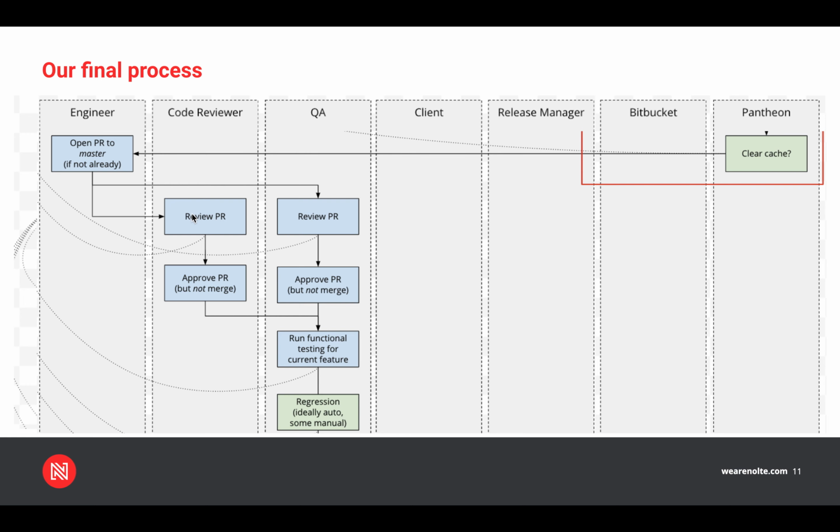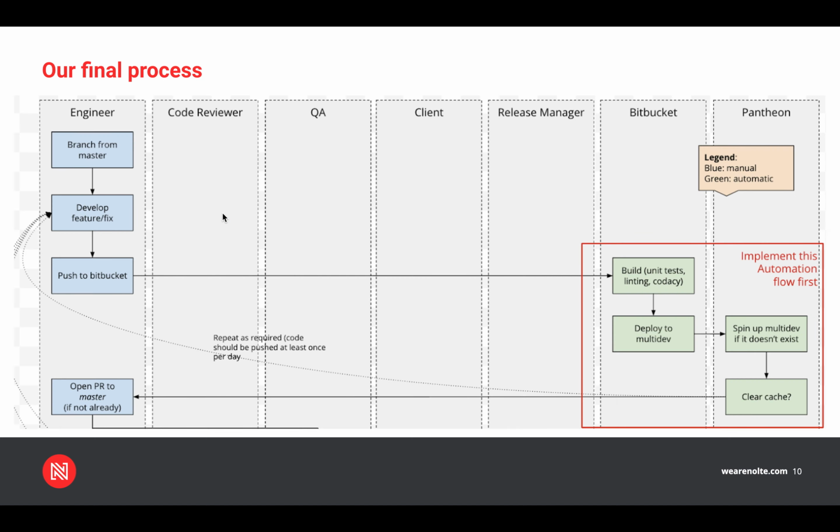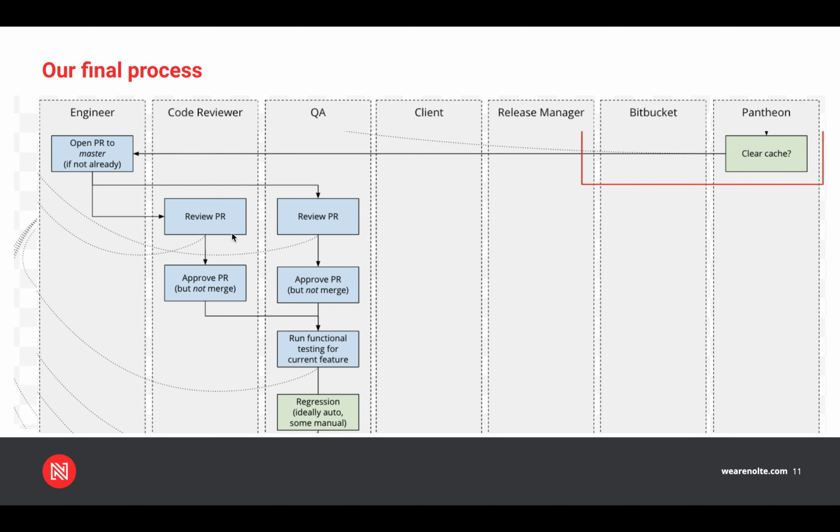Then this PR needs some reviews. First of all, it needs a review from another engineer. This engineer will approve, but not merge yet. Once approved, we also need the QA lead or engineer to review this PR. Then the QA will approve this PR, not merge yet. Then run functional testing on the current feature.